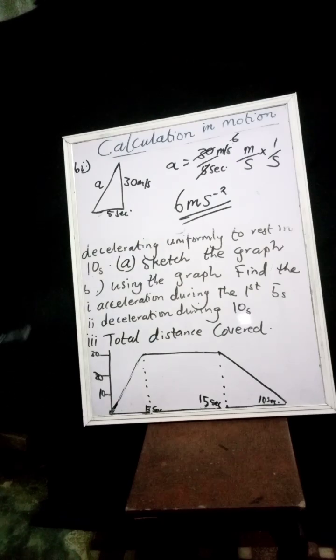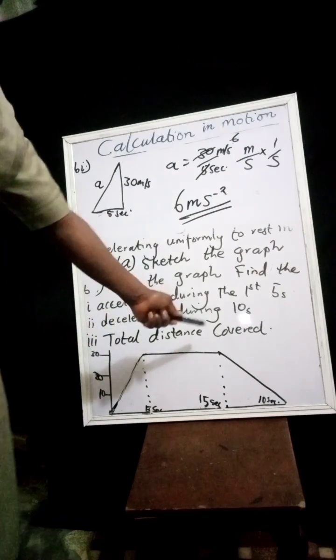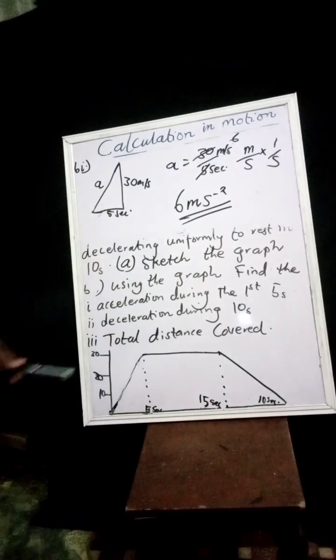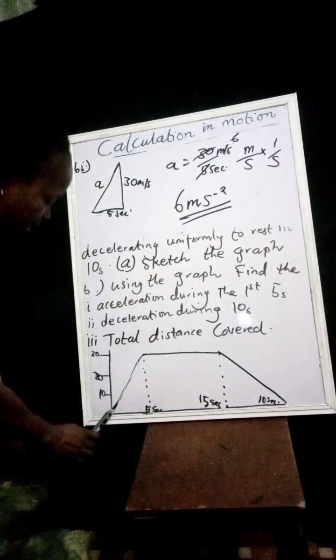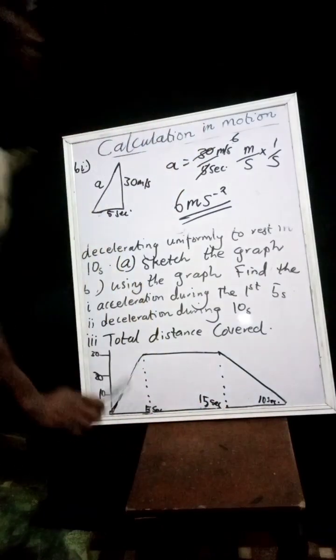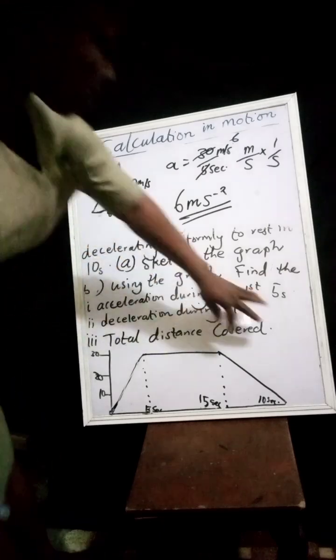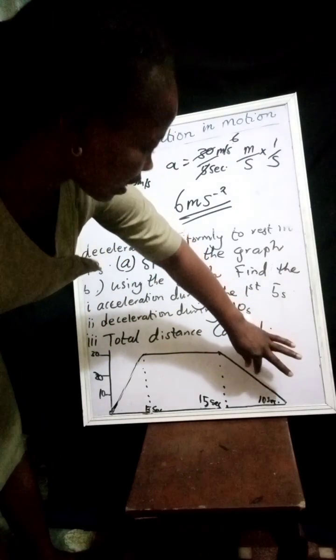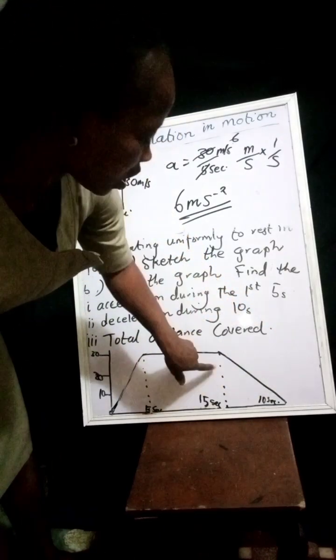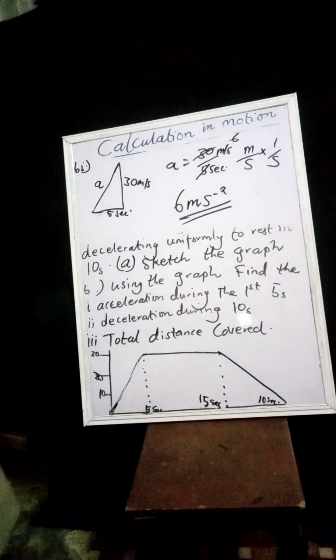The second question then says, find the deceleration during 10 seconds. Remember, here is the acceleration, here is the deceleration. So we are still going to do what we did at the other side. Now, here is the side we are calculating, which means this place is equal to here divided by here.